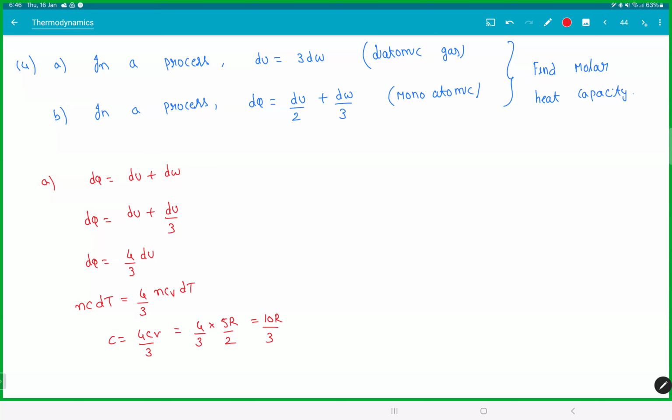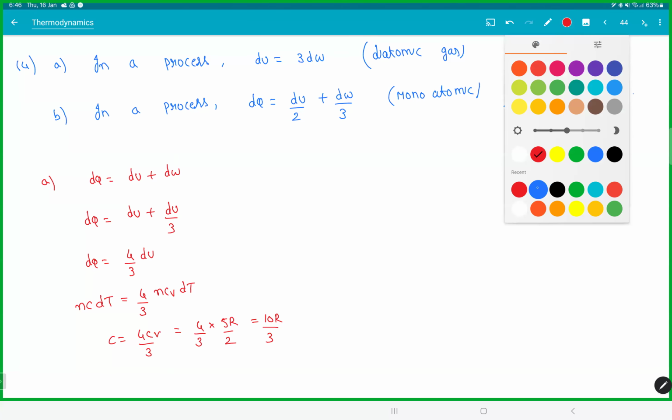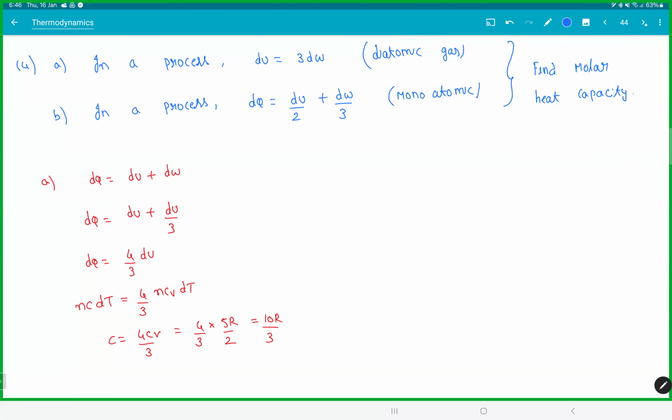Check. Easy. So the main thing is that, get dQ in terms of dU and your job's done. Same thing you do in the B also. So eliminate dW actually. You'll get it. Get the next one. I'll give you a minute. Idea is the same.